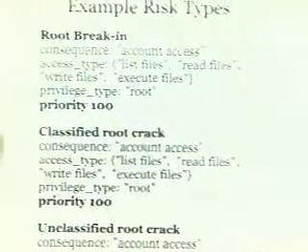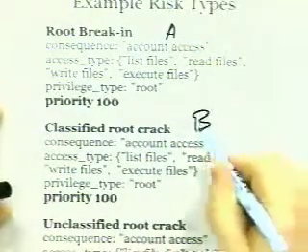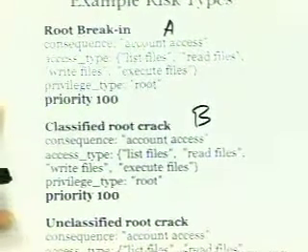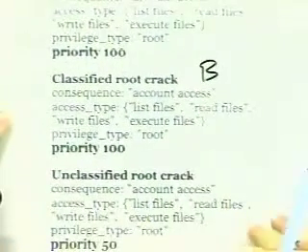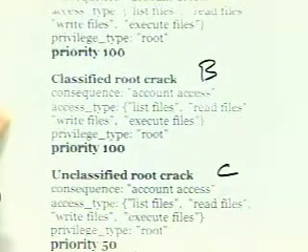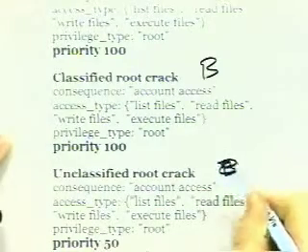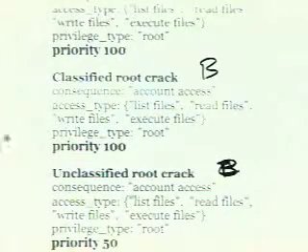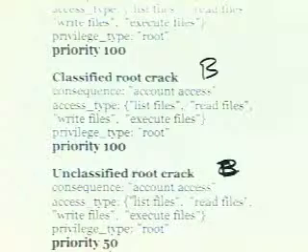For example, in company A, they may call something a root break-in. Company B calls this a classified root crack, because they might have classified and unclassified computers. And in C, that is also part of B. They want to distinguish between root cracks in classified and unclassified computers.